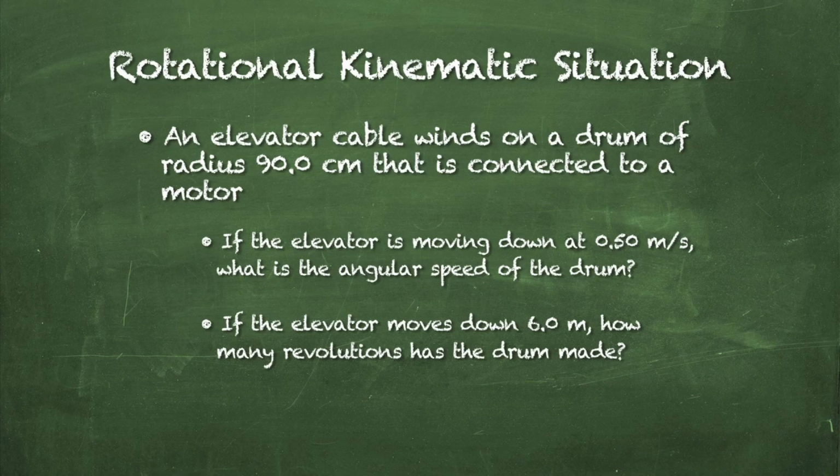Now remember that this is a rotational kinematic situation, so draw your diagram just as you would for a rotational kinematic situation. List all of your knowns and unknowns, and then you can bring in the extra information that you have relating angular motion to linear motion. So I'll give you some time to prepare that.